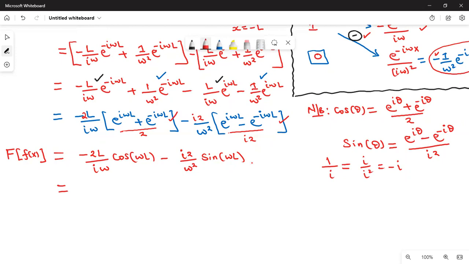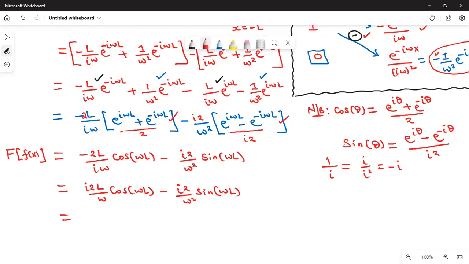That is simply i2 times L over omega. See, 1 over i is negative i. So then this one is cos omega L minus i2 over omega squared sine omega L.